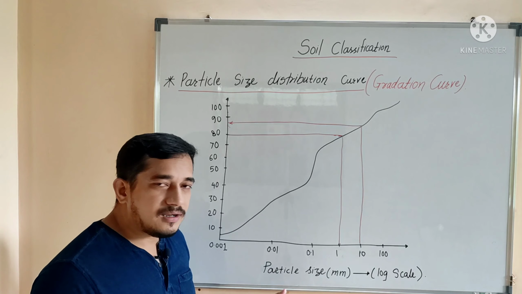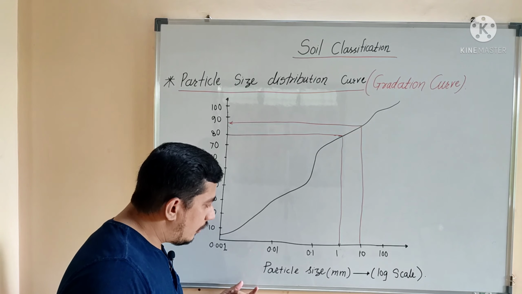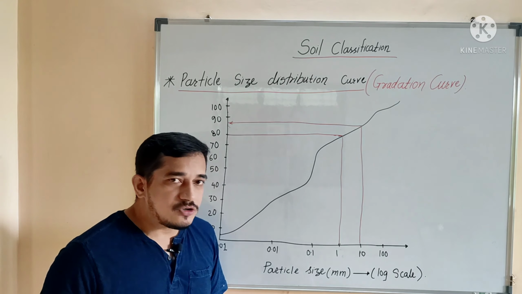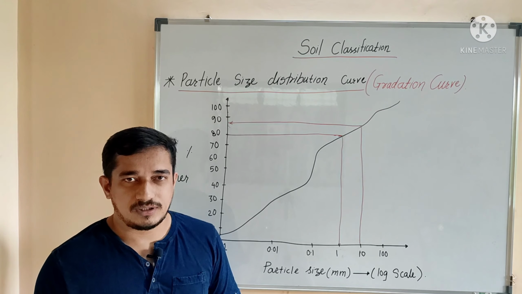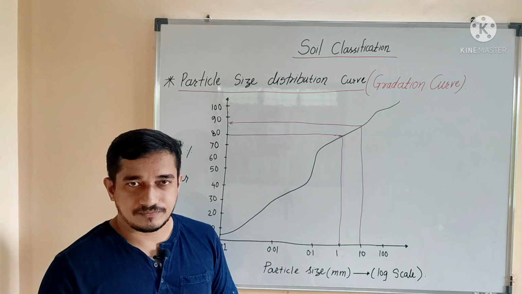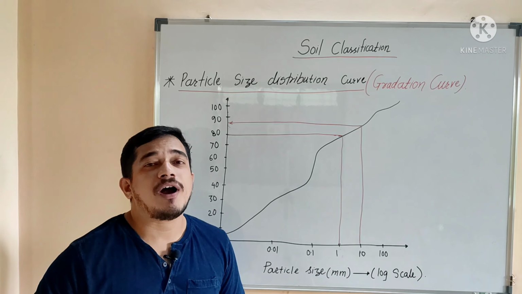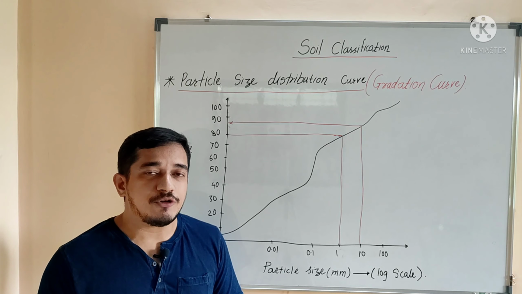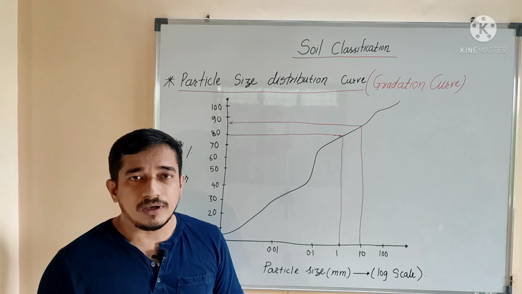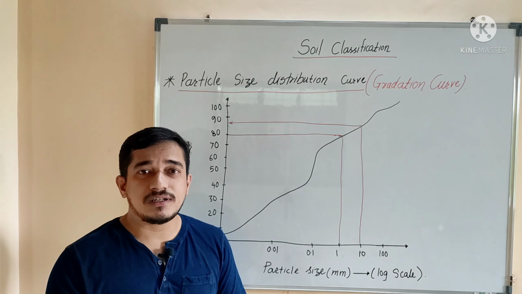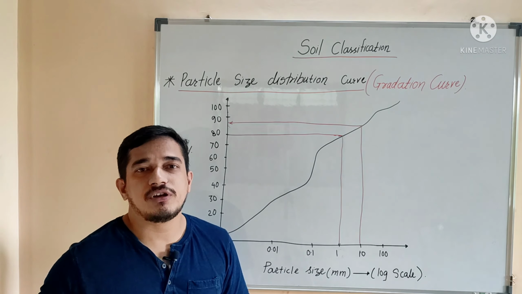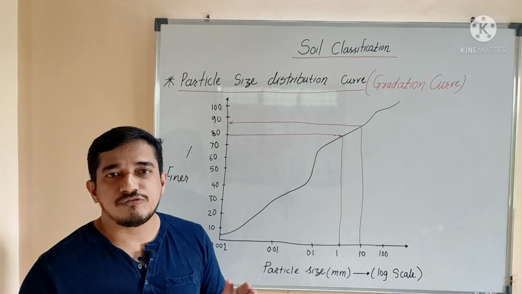The x-axis is particle size. When we consider a soil mass and its particle sizes, there is a vast variation. Even among sieves, we have sieve sizes ranging from 80 mm to 75 micron, so there is a large variation.